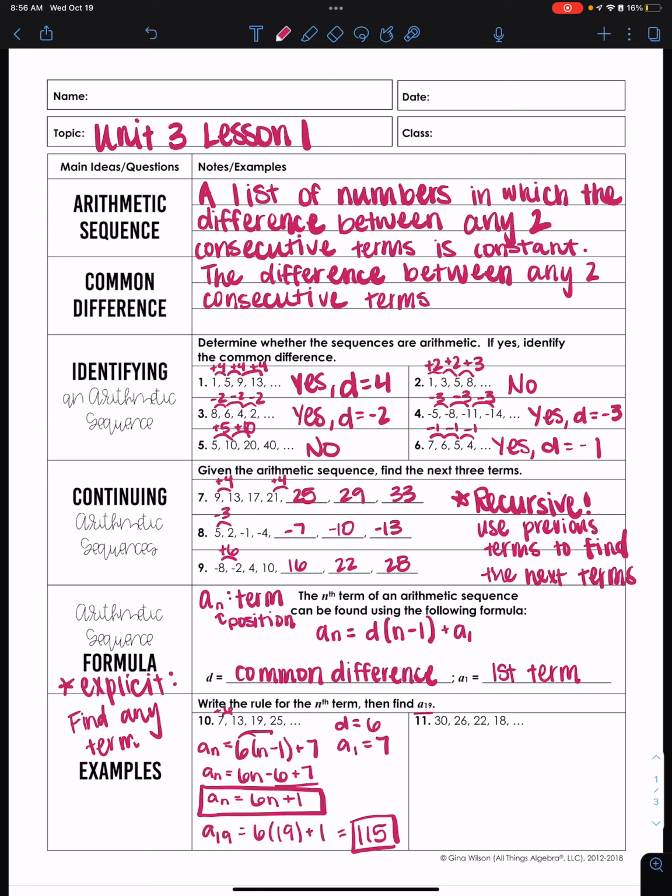Okay, moving on to number 11. We want to find difference and first term. So difference, we are subtracting 4 each time, so our common difference is negative 4, and our first term is 30. So when we plug this into our formula, we will get a formula that looks like this, and then we simplify.